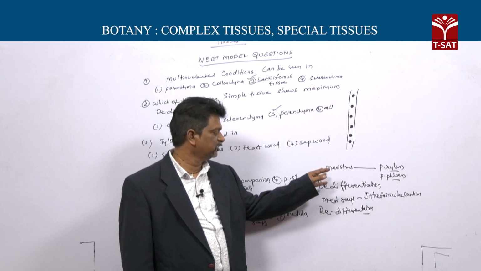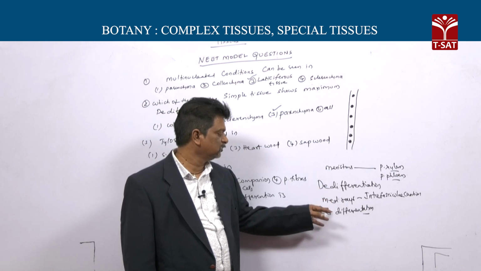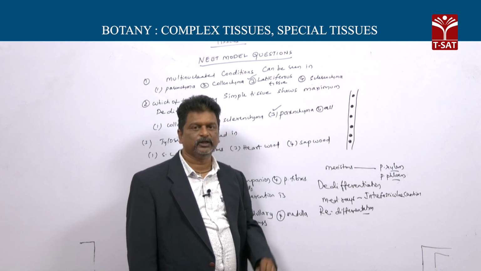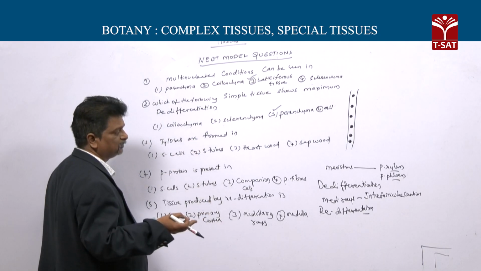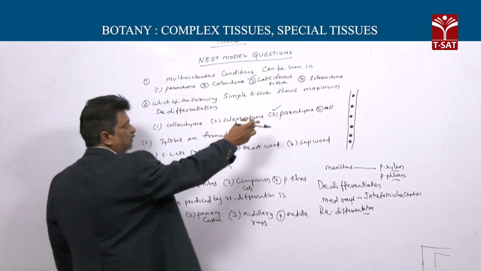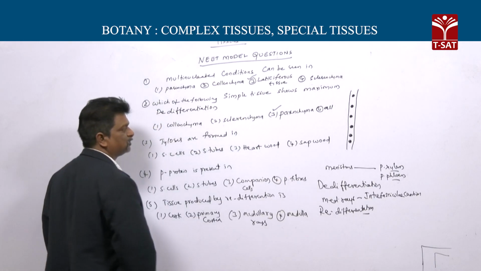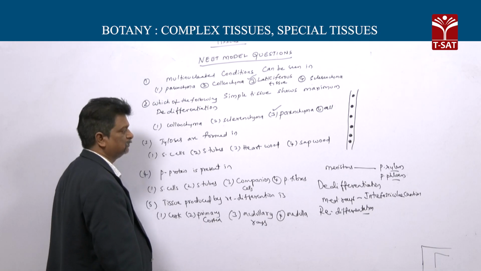So, three types: differentiation, dedifferentiation, redifferentiation. So the point is here medullary rays are parenchymatous. So generally parenchyma shows dedifferentiation.